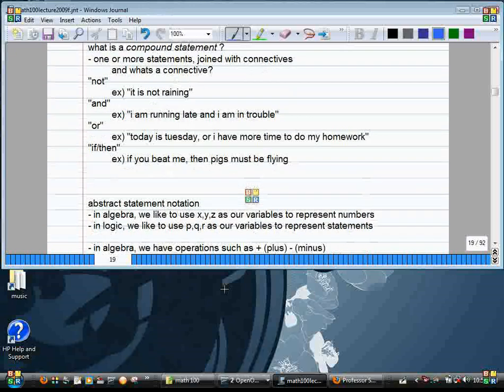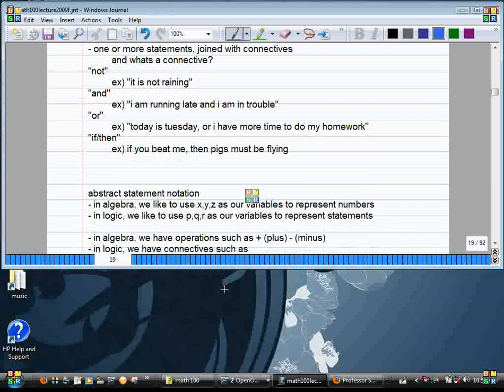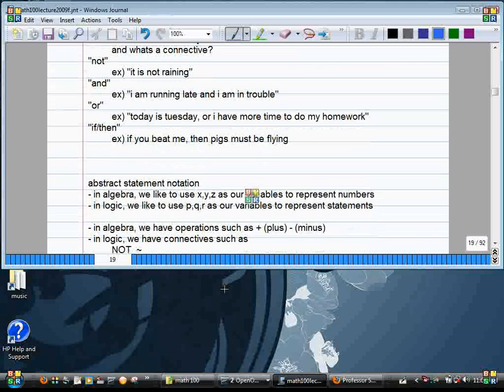Operations. In algebra, we have operations such as plus and minus. In logic, we have these things, which you can call operations, they're generally called connectives. Textbook calls them connectives. So what's the notation? For not, it's a little tilde.